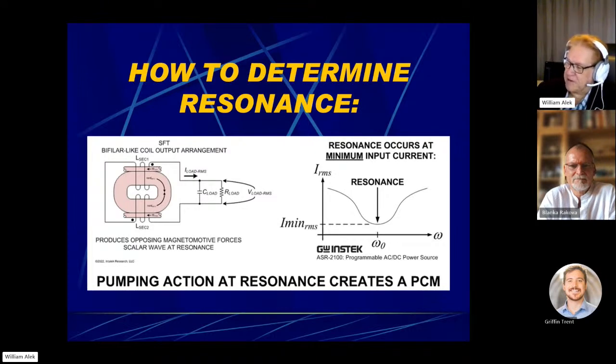And this is what Stanley Myers did in his device, what Floyd Sweet did in his device. He was able to tune the output coils such that the minimum input current can approach zero.